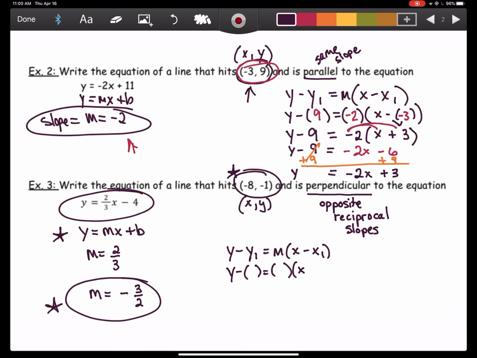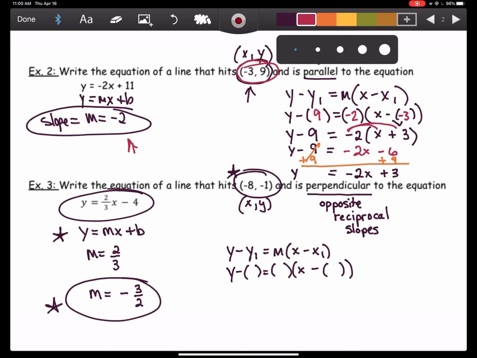Open parenthesis, x minus parenthesis, close parenthesis. Okay, that's a mouthful. So what's my y? My y is -1. What's my m? My m is -3 halves. What's my x? My x is -8.